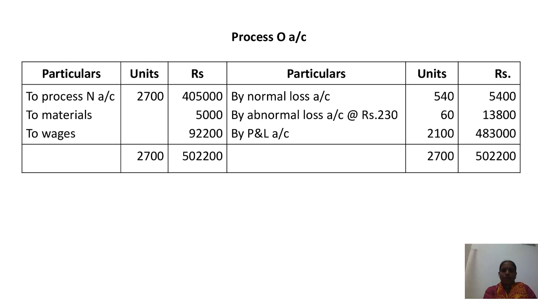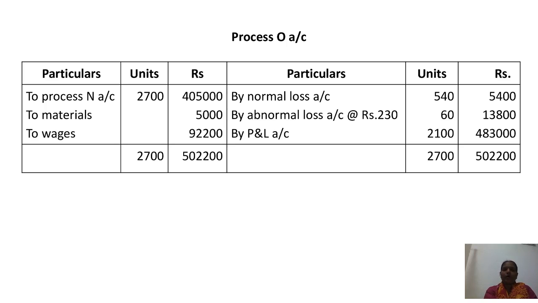Then in the problem itself it is given 20% is considered as the normal loss, so that is 540 units out of 2,700. Then profit and loss account, here half the balance is transferred to the finished goods account, so that is 2,100 units, that is 4,83,000.